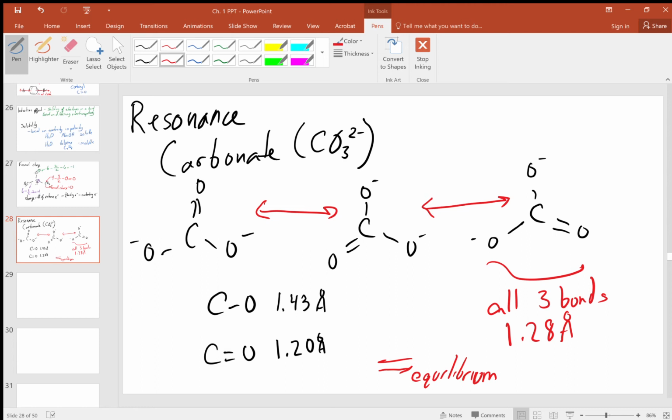The true structure of carbonate lies somewhere in the middle. So each of the three bonds in carbonate is slightly stronger than a single bond, but not as strong as a double bond. And unfortunately, just because of the way we represent molecules on paper, we're limited and we can't draw a true structure for what carbonate looks like. So we represent it in this way.